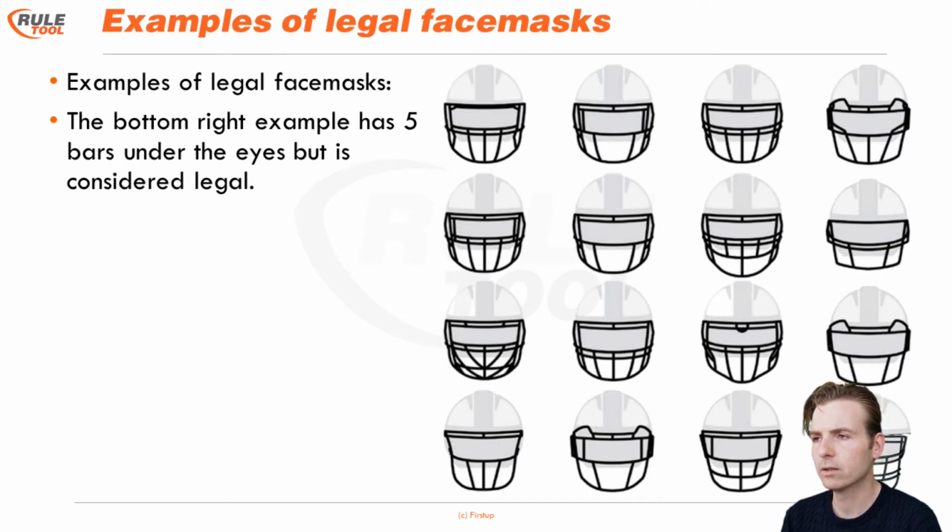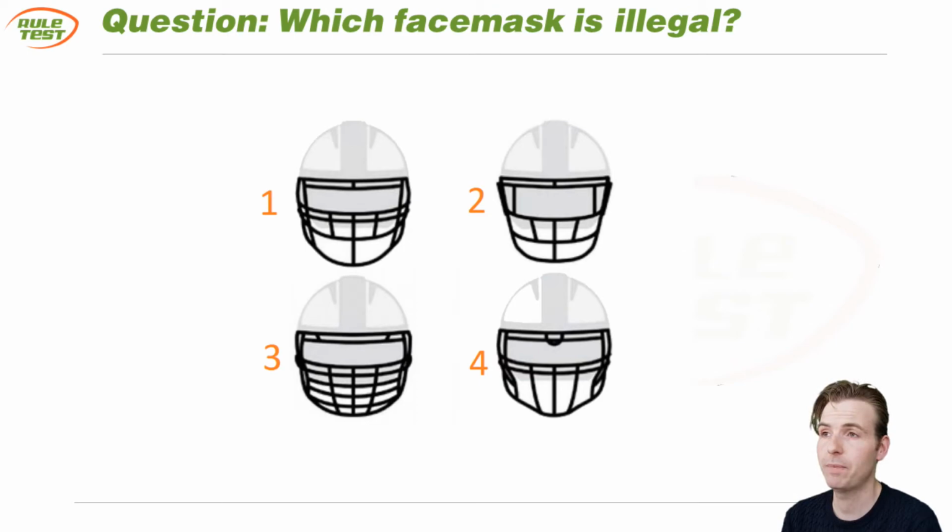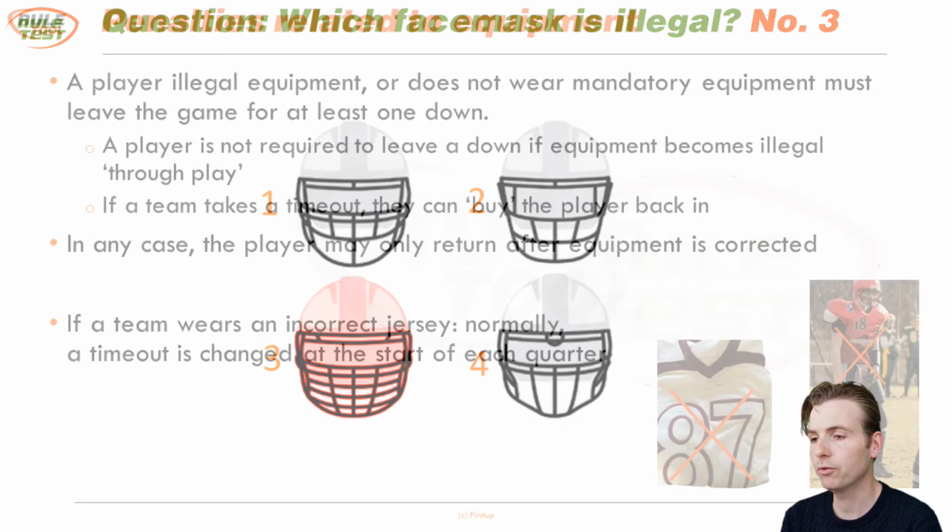All of them are either 2, 3 or 4 bars and should be considered legal. The bottom right face mask has 5 bars but is considered legal. So a question, which of these face masks is illegal? Now, as you may recall, count the bars, so you can probably see that number 3 is overbuilt and therefore illegal.